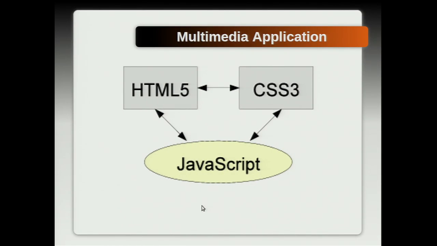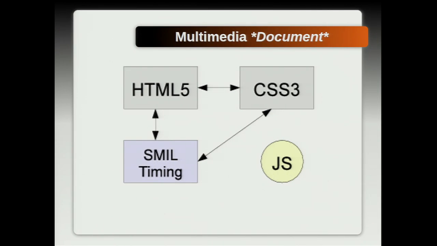This is what I'm trying to represent with this little schema. This is the typical web-based approach: content in HTML5, presentation in CSS3, and a good bunch of JavaScript to synchronize everything with the multimedia tracks, handle the user interactions. And this is what we're proposing. It's very similar, but the difference is that we're proposing a document approach.